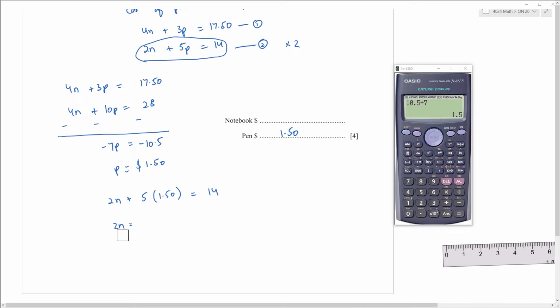So this will be 2n plus 5 into 1.5, 7.5, equals 14. So 14 minus 7.5 and then divide by 2 to get the value of n. So this is 3.25. $3.25 is the cost of the notebook.